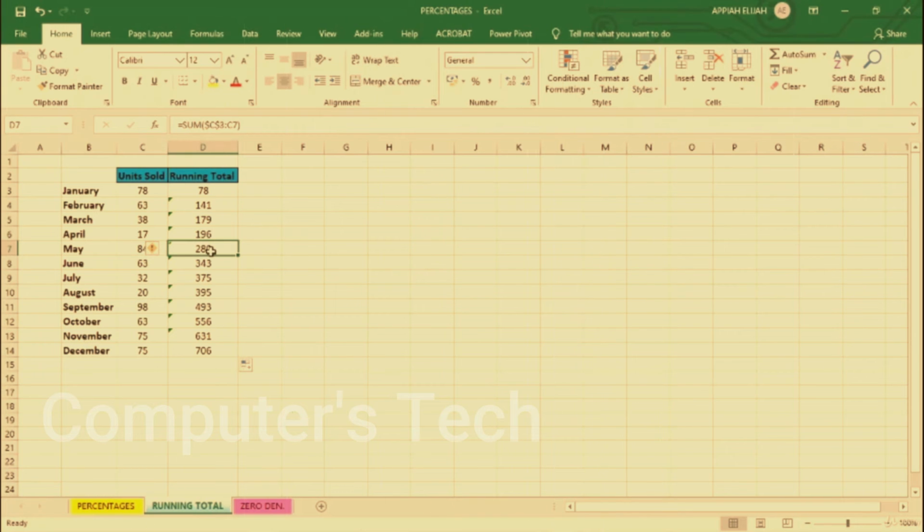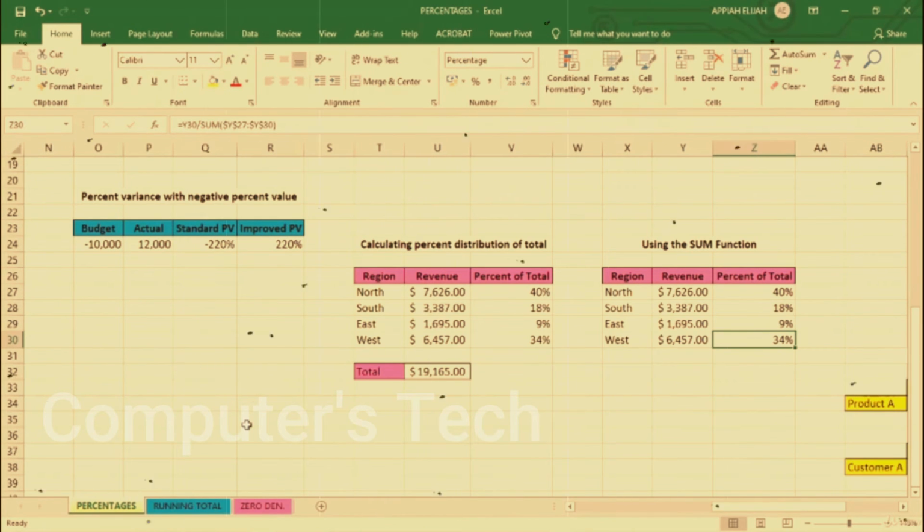Is how we calculate a running total, especially when you want to track the number of units that you sold in each month, and then you'll be able to accumulate how many units you have sold at the end of the year. Now let's go back to our sheet again, which is the percentages, and then we will continue.